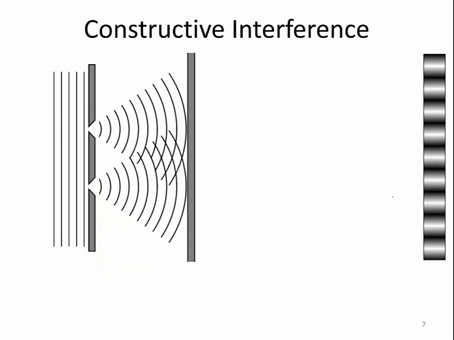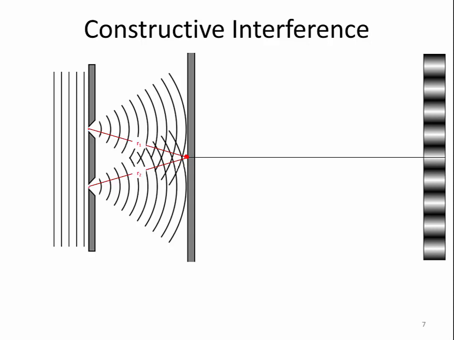So how do we explain that? Well, let's take a closer look. We're taking path lengths. This light wave reaches this opening and it reaches this opening. At the very center point, there is a path for the light going through the top opening, called R1, and there's a path from the bottom opening called R2.